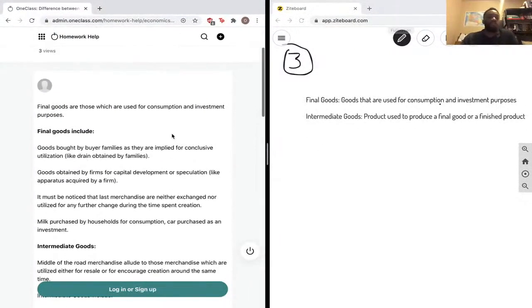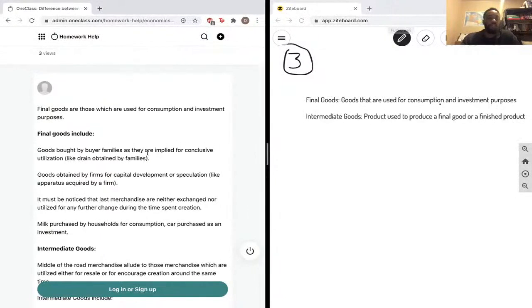So based on those two definitions, final goods include goods bought by households as they are meant for final use. For example, milk purchased by households. Goods obtained by firms for capital formation or investment, like machinery acquired by a firm.